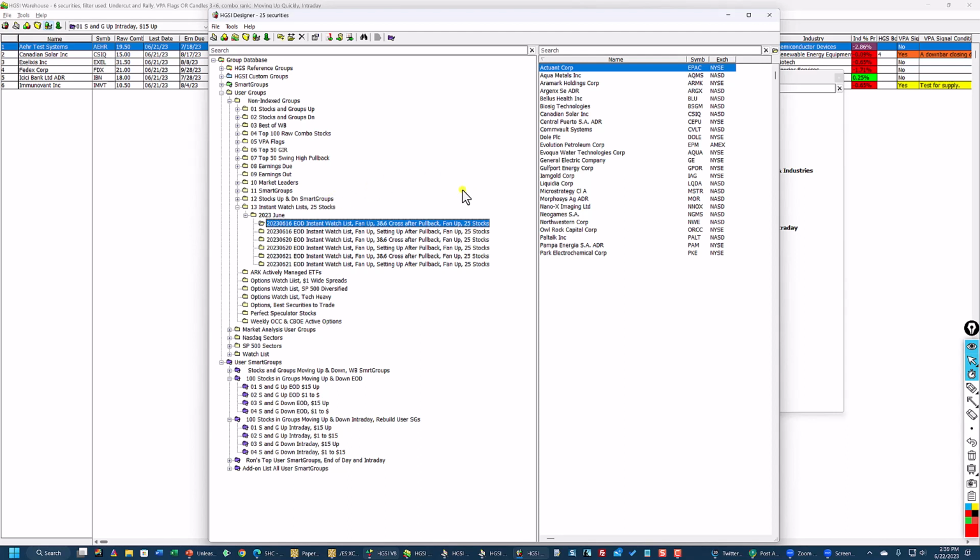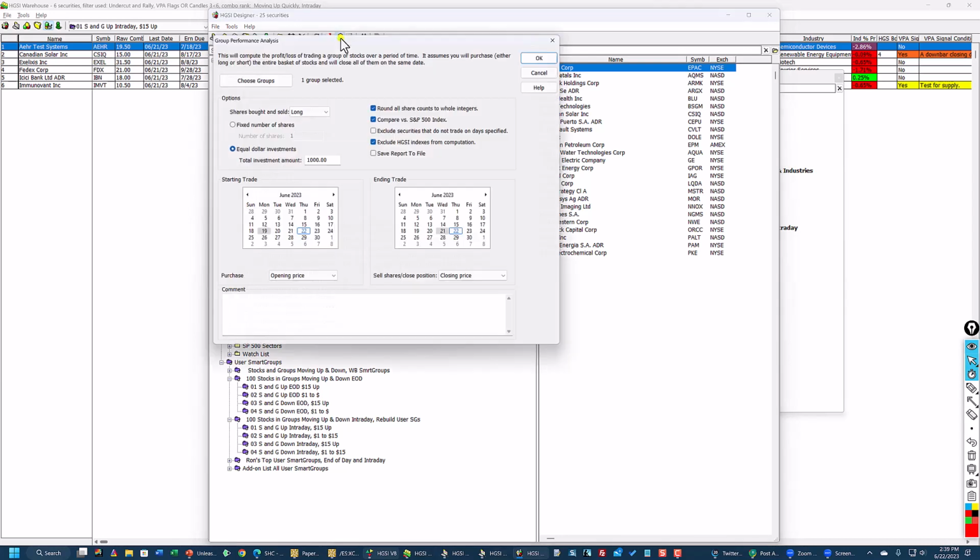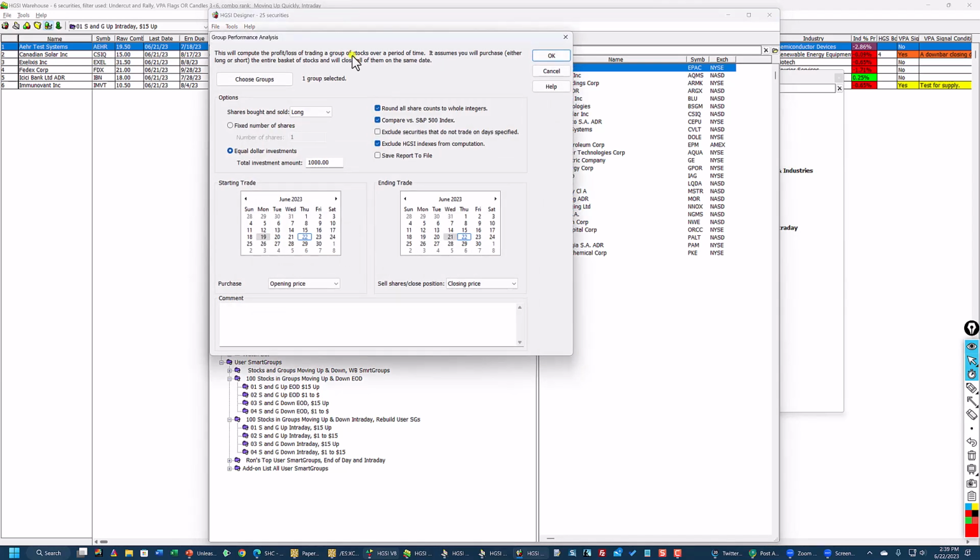So let me just show you this. This is from the 16th or last Friday. What you're going to be able to do is in the designer under the group performance analysis at the end of the week, and I'll probably do this in my video. Here is June. Okay, so these stocks are from the 16th.